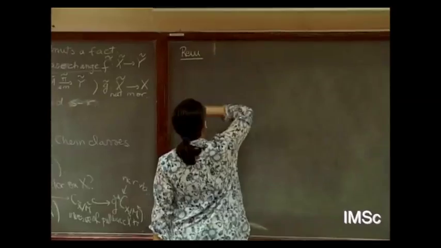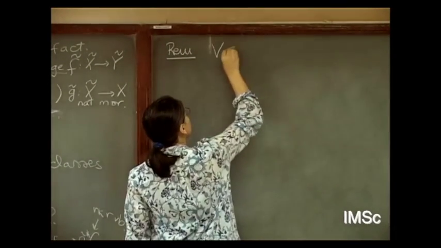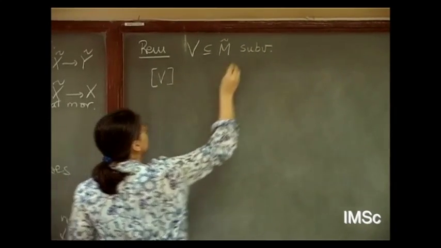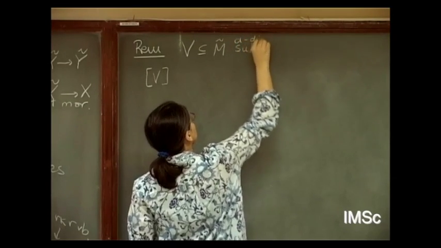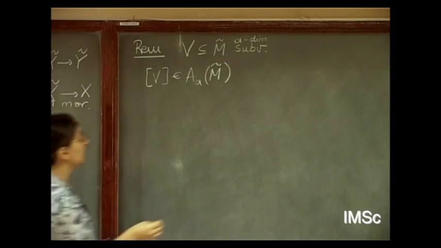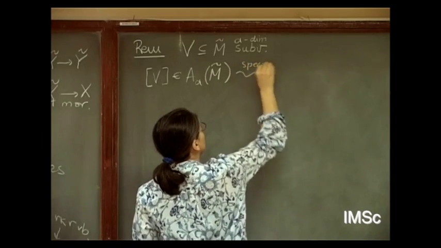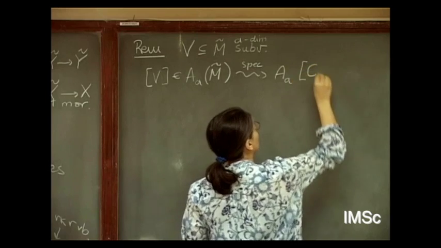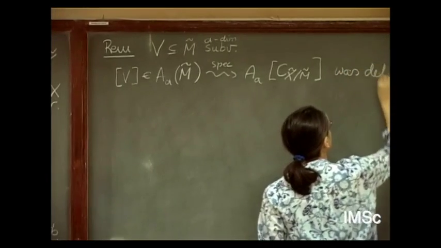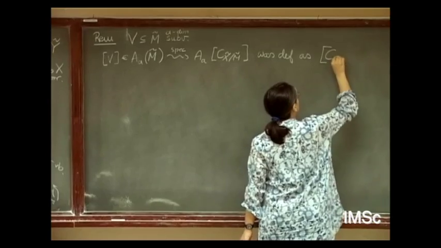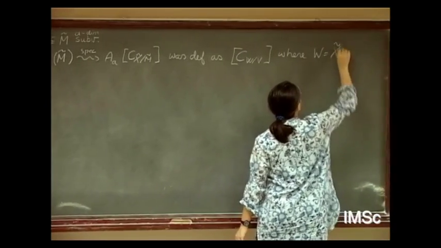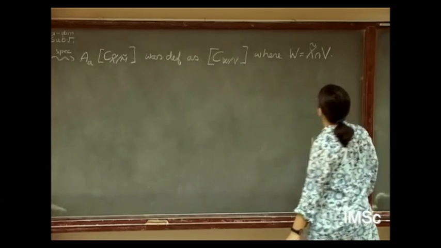The specialization was defined by saying if I take a V in M twiddle as a subvariety, and so I view it as an element in the Chow group, then the specialization into A of the same dimension of the normal cone, remember I had defined as the class of the normal cone of W in V, where W is the scheme theoretic intersection of X twiddle and V.